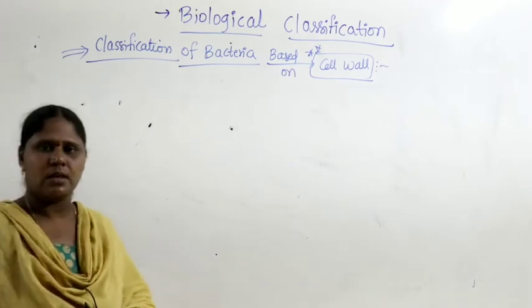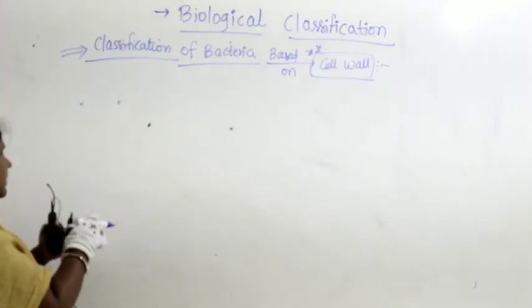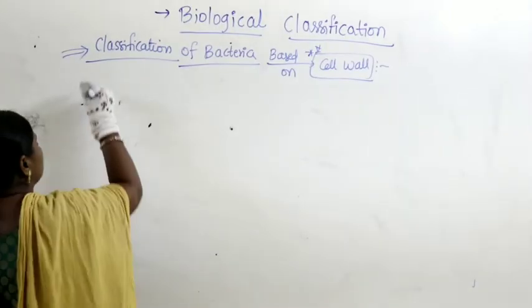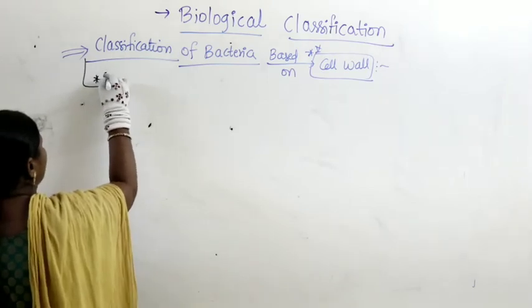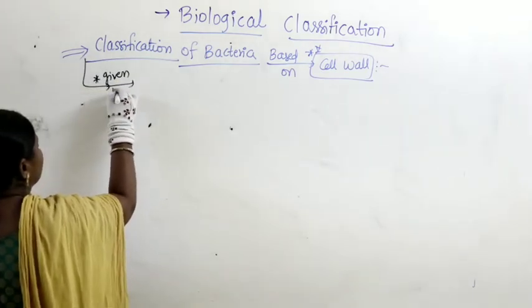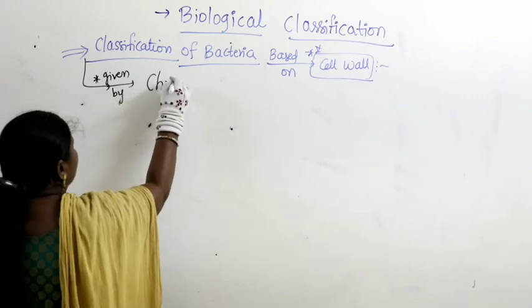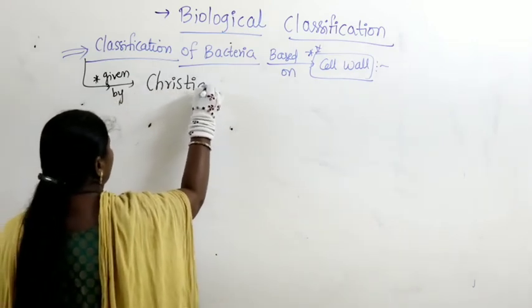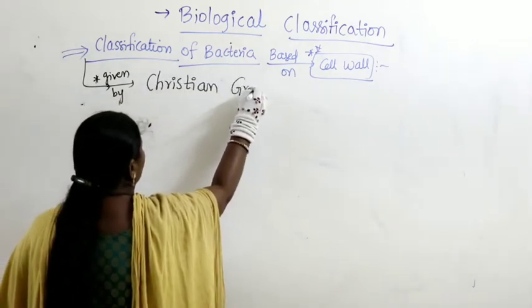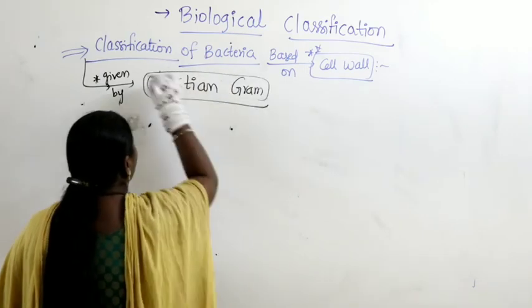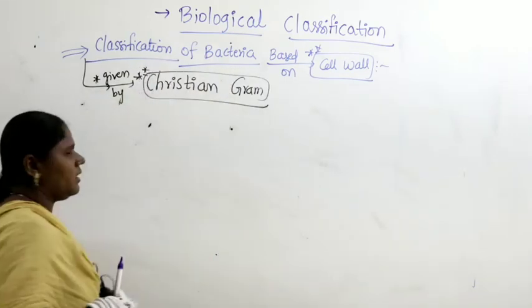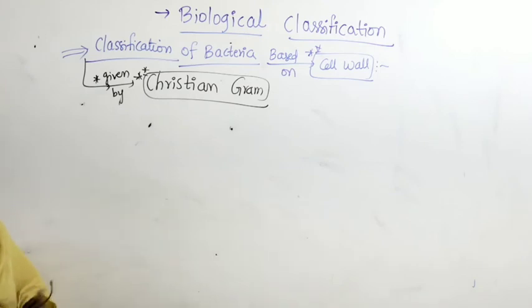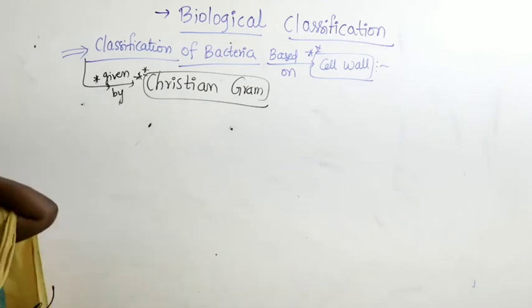Now when you look at the cell wall here, this classification was given by a scientist called Christian Gram. Now what did Christian Gram do? He did a staining for the bacteria.